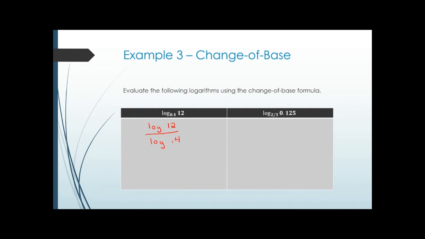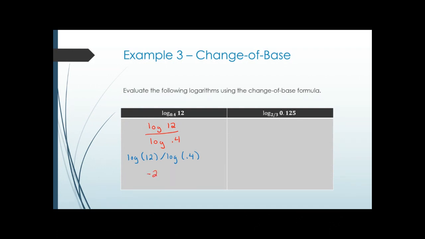The way that I type it on my calculator is I literally type log parenthesis 12, and then division, log 0.4. So I can just type it in all in one step so that I get the answer and I don't have to round.